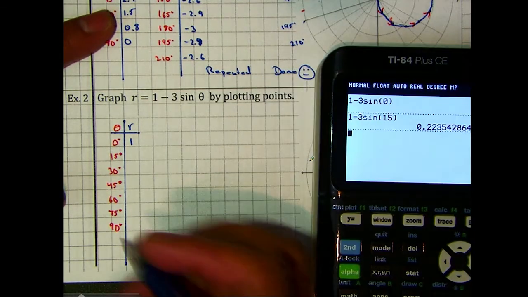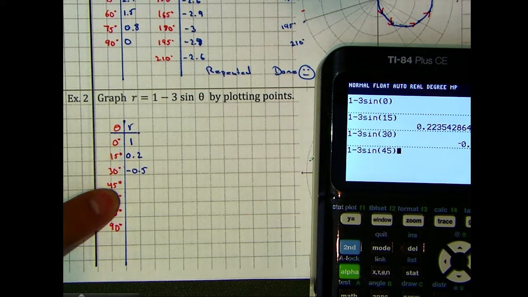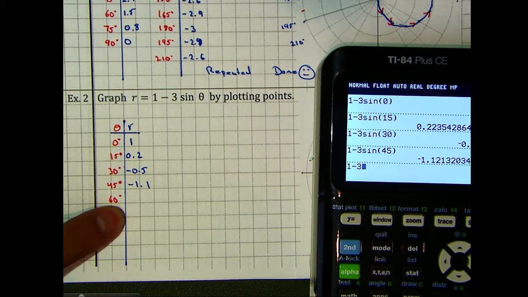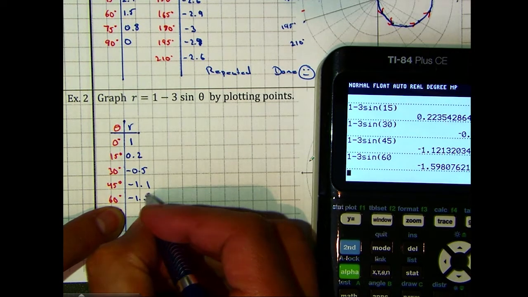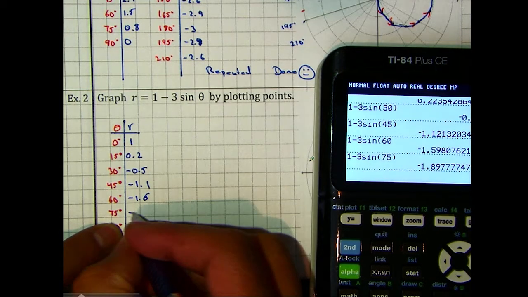So that gives me 0.2, negative 0.5, negative 1.1, negative 1.6, negative 1.9.